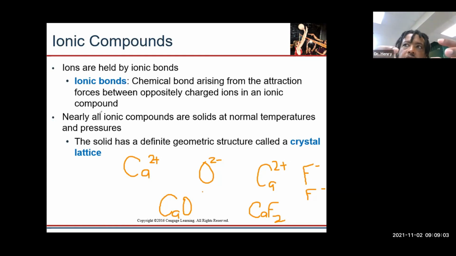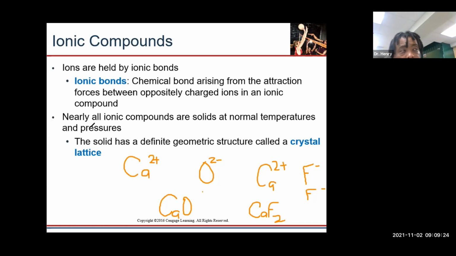Now, it's considered non-ionic compounds because they're made up of 2 ions coming together to balance each other out. Okay, and in most cases, almost all of the ionic compounds are going to be solid at room temperature. So at normal temperatures and pressures, they're going to be solid.